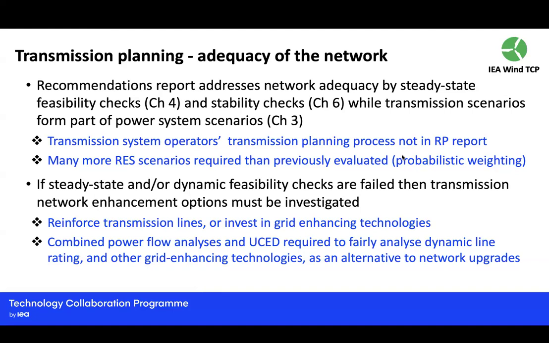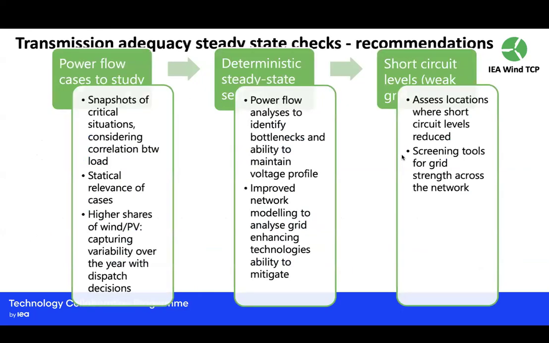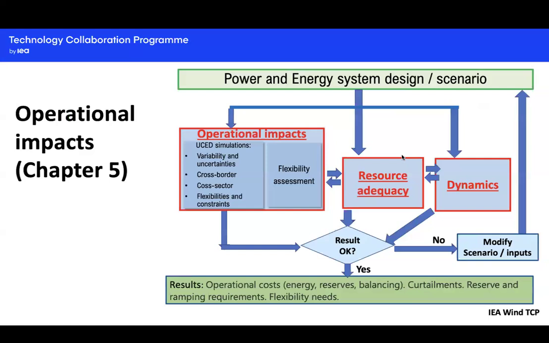Then you check, okay, here we need more transmission. It's a more complicated process, but we just make some checks: power flow cases to study, how you do steady state security checks, and how you do short circuit checks for weak grids. So this was for the resource adequacy part.